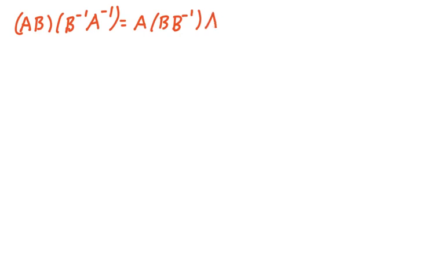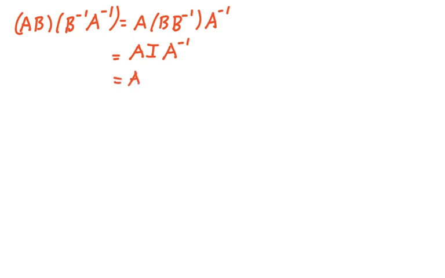If I take AB and I multiply by B inverse A inverse, by the associative property, this is A times B inverse A inverse. But this is equal to A I A inverse, right?